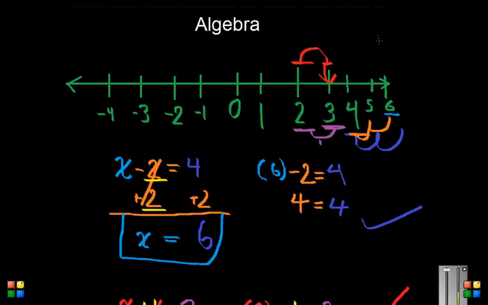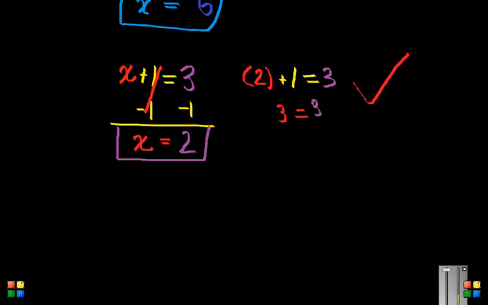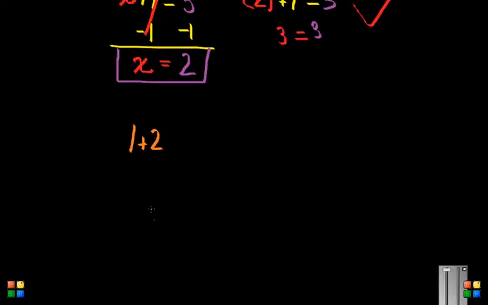Algebra is really just understanding mathematical functions, like the functions 1 plus 2, 1 minus 2, 1 times 2, which can also be written as 1 dot 2. It all means the same thing.